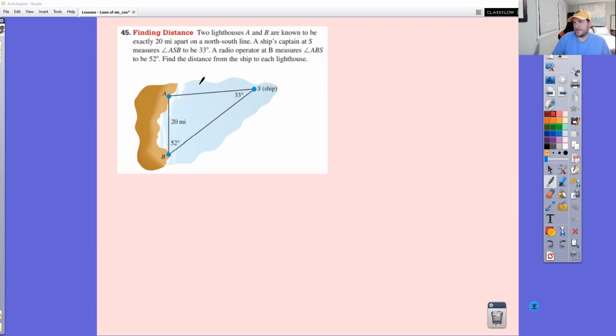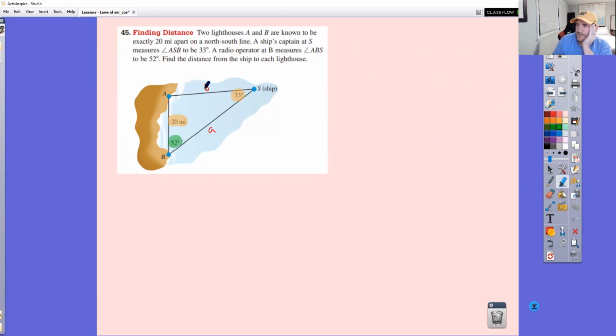So the distance opposite from B, we'll call it B. And the distance opposite from A, we'll call it A. I still don't love that. But okay, how do we do this? B would be the easier one to find, because when you've got angle, side, you know that your side is opposite from one of your angles. So we've already got that known pair of opposite parts.